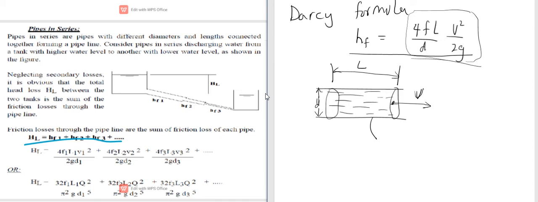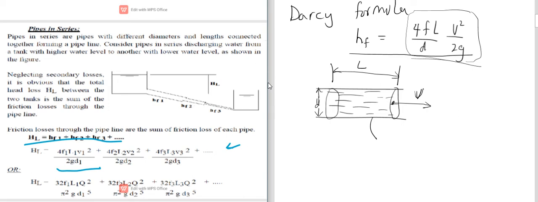How does it relate to this? Okay, you can see that it actually relates to this: 4F1 L1 V1 square over 2G D1. You can see that that is the same as this.